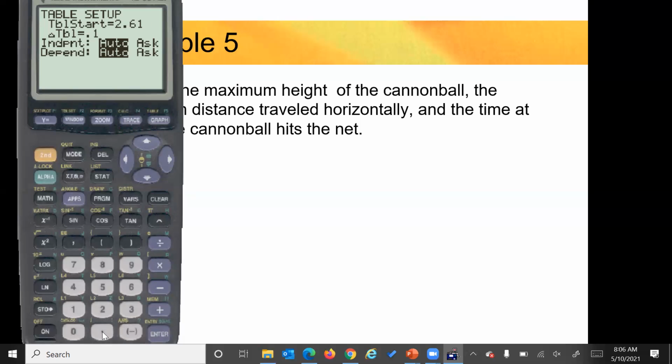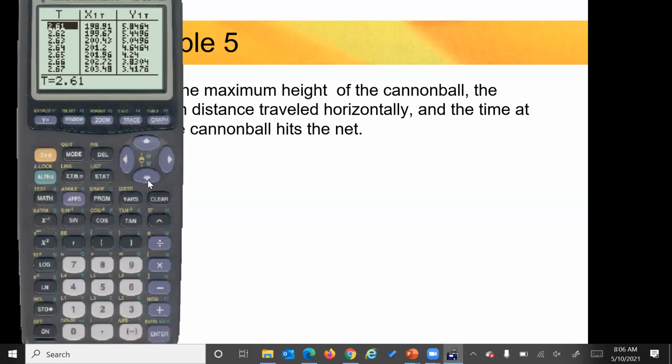This one's going to be 0.01. It asks for independent, dependent, but if you have an X1 and a Y1, that will be your two values here. Then you have the table itself, on top of the graph function. Click on second and then click graph, and you should see something like this. The X value is your horizontal distance across, your Y value is your height.